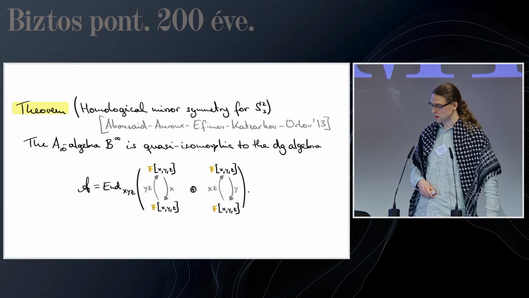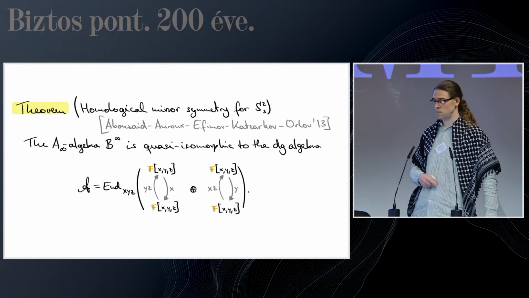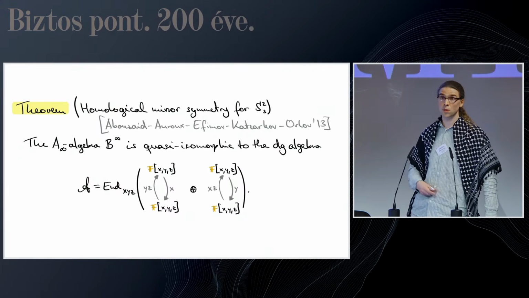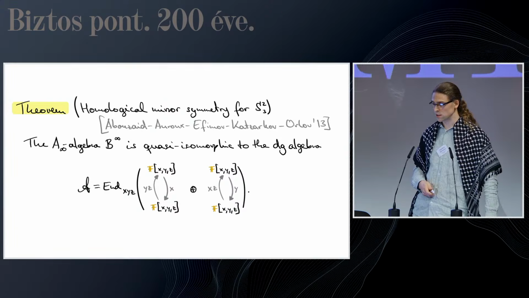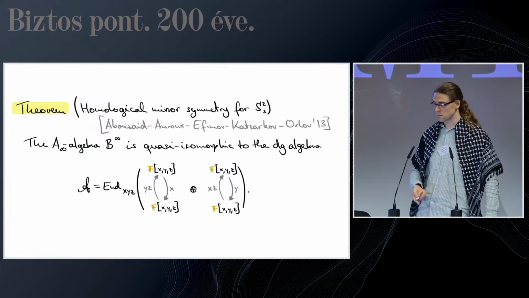And if you take its homology, you get exactly Bar-Natan's algebra, but the homological perturbation lemma then tells you whether there are possibly higher operations. And these turned out to be quasi-isomorphic to the A-infinity operations on the Bar-Natan algebra.